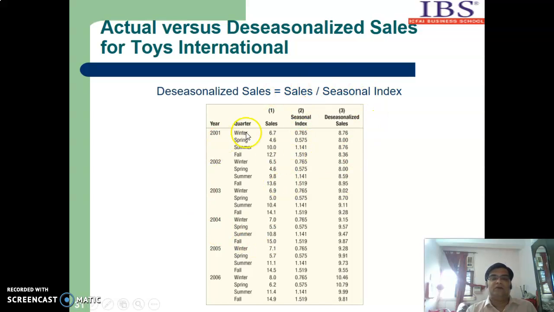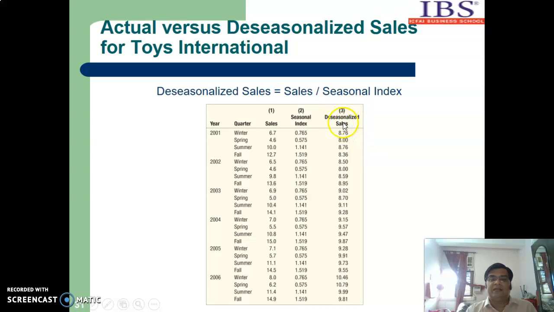So you can see here, column 1, I have taken the original sales. In column 2, I have taken all the seasonal indexes, and in column 3, we divide the sales. Say for the 2000 year winter, it is 6.7 divided by 0.765.